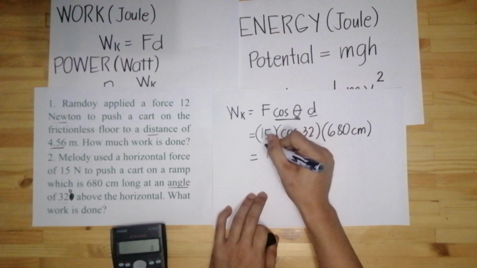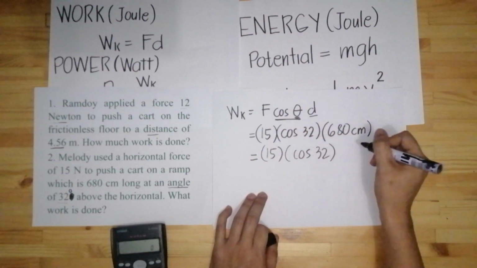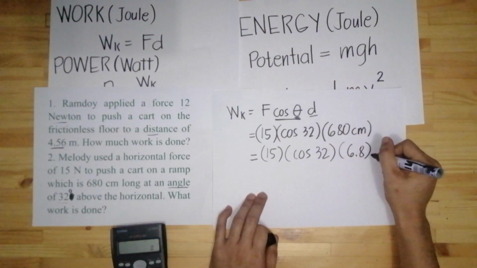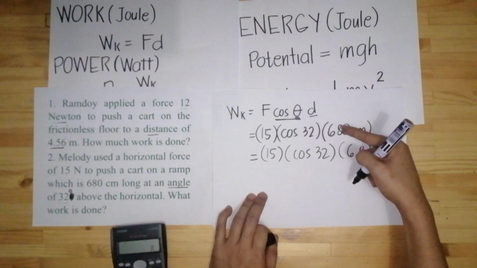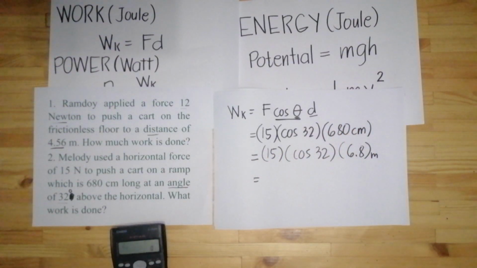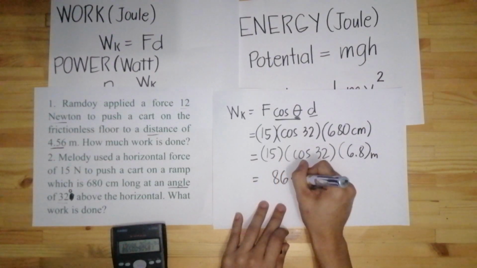So, lagyan natin 15 cosine 32, 6.8 meters na to ngayon. Okay, convert nyo lang to sa meters. So, multiply natin 15 cosine 32 times 6.8. That is 86.5.